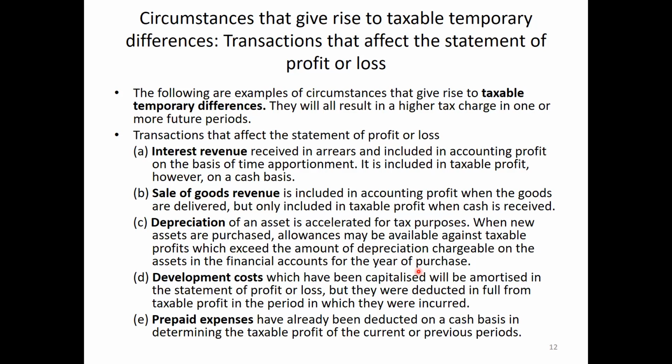Right. So in the earlier example, for the first 3 years the government allowed us to deduct more depreciation. Therefore, we pay less tax in the early period, which means we have to pay more tax in future.